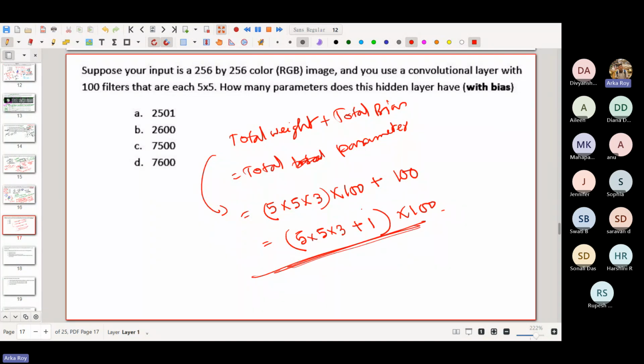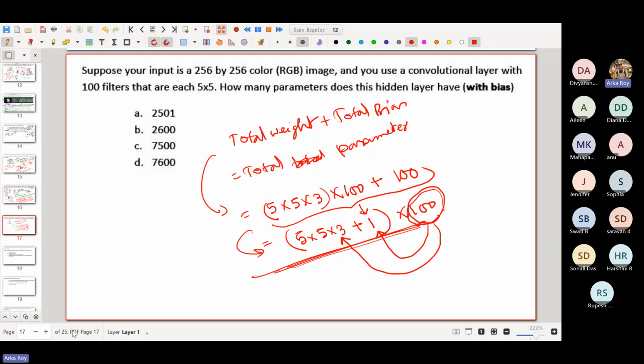It is not that you have a single bias. You have 100 such filters, and for those 100 filters, you have 100 biases and 100 such weights. So this is the previous line that you have to first understand, from which you get this particular representation. That formula you are referring to comes from here.